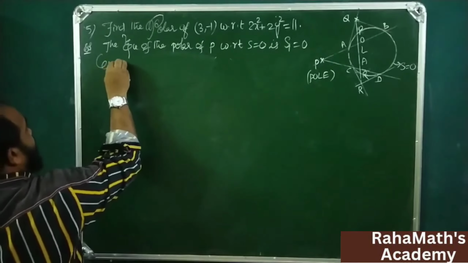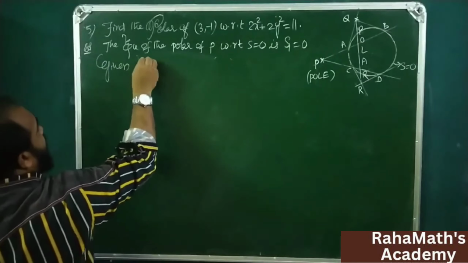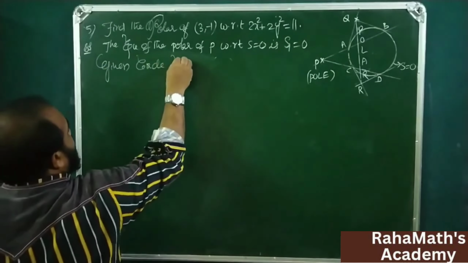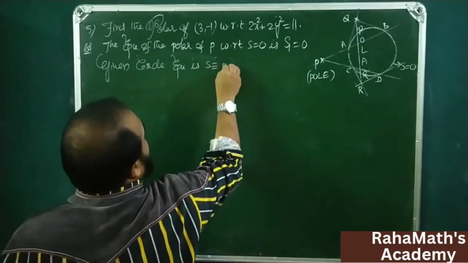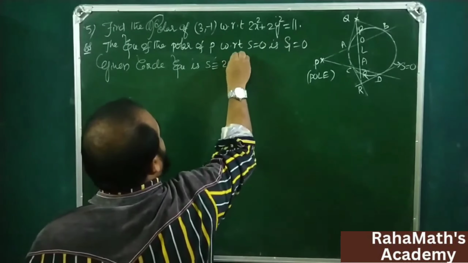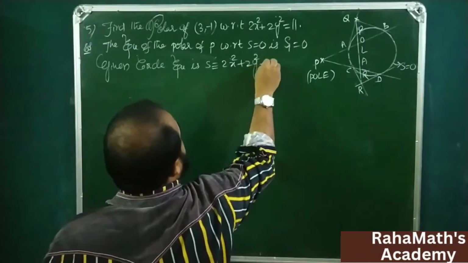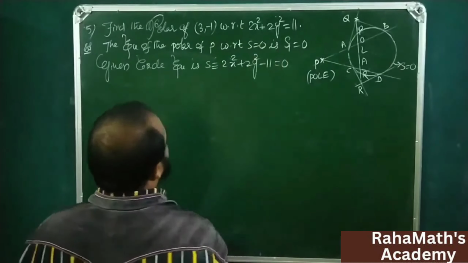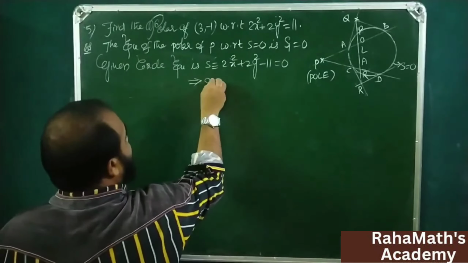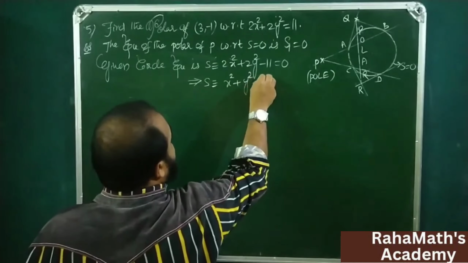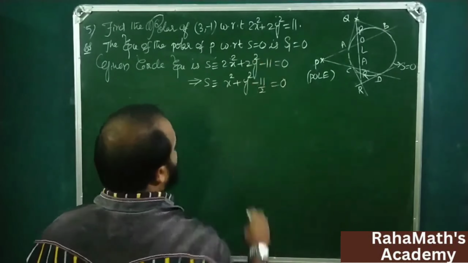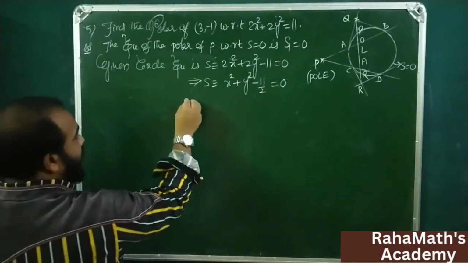Given circle equation is S: 2x square plus 2y square minus 11 equals to 0. That implies S is equals to x square plus y square minus 11 by 2 equals to 0. So S1 equals to 0.